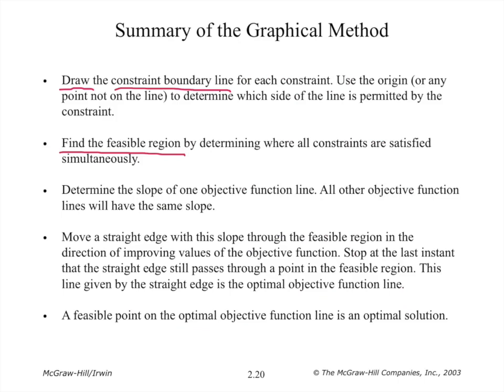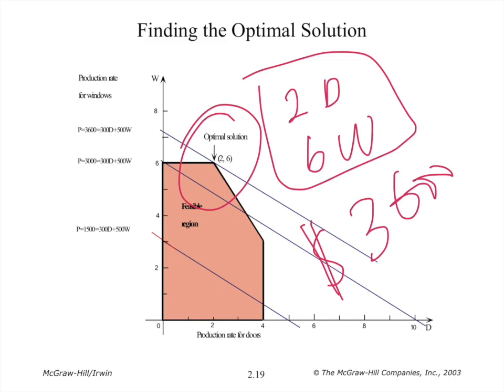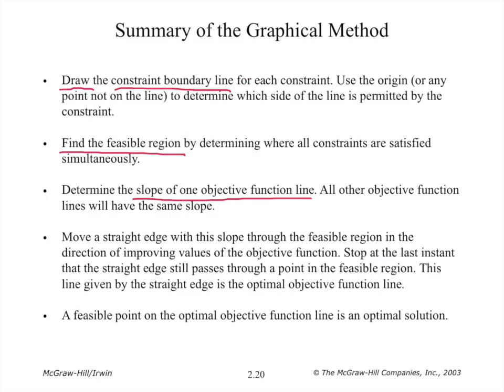And then determine the slope of one objective function line. That is the objective function. And then move a straight line with that slope through the feasible region in the direction of improving value of the objective function.